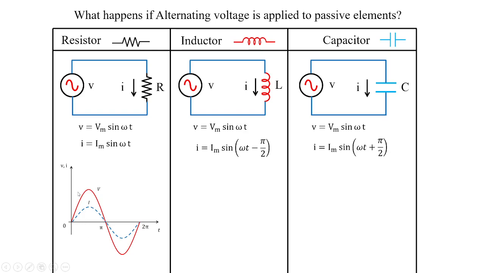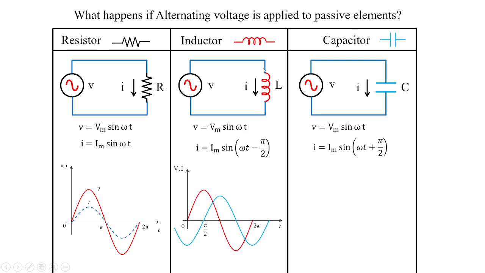The voltage and current are in phase. That is the starting point of the voltage waveform and the current waveform, the maximum value, the minimum value, and for a complete time period it is one and the same, only there is a difference of amplitude.